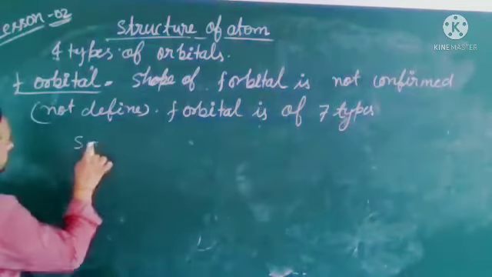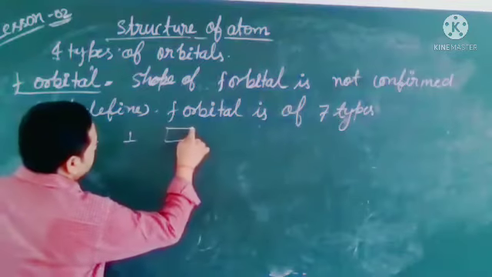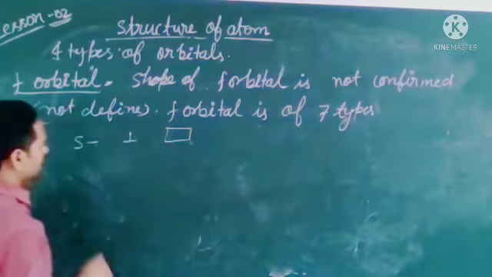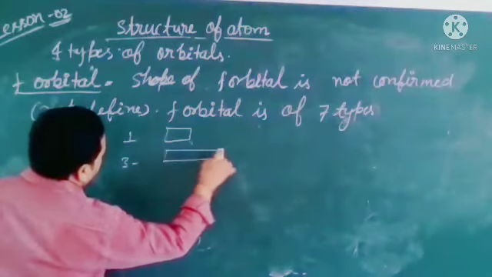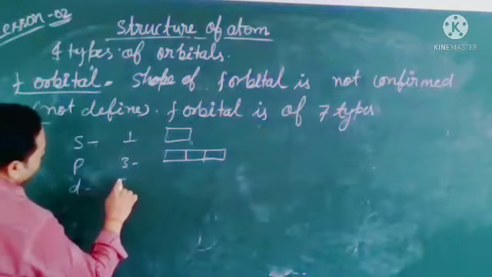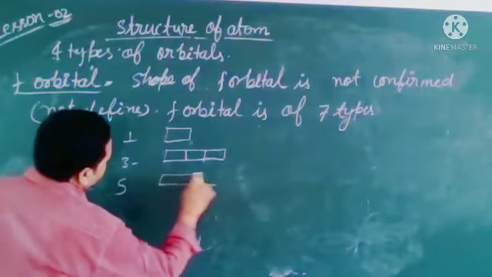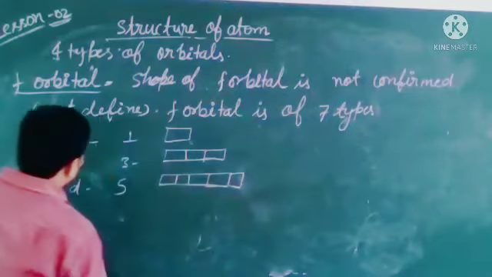So s orbital is one type, so we will make one box. P orbital is of three types, so we will make three boxes there. D orbital is of five types, we make five boxes there.